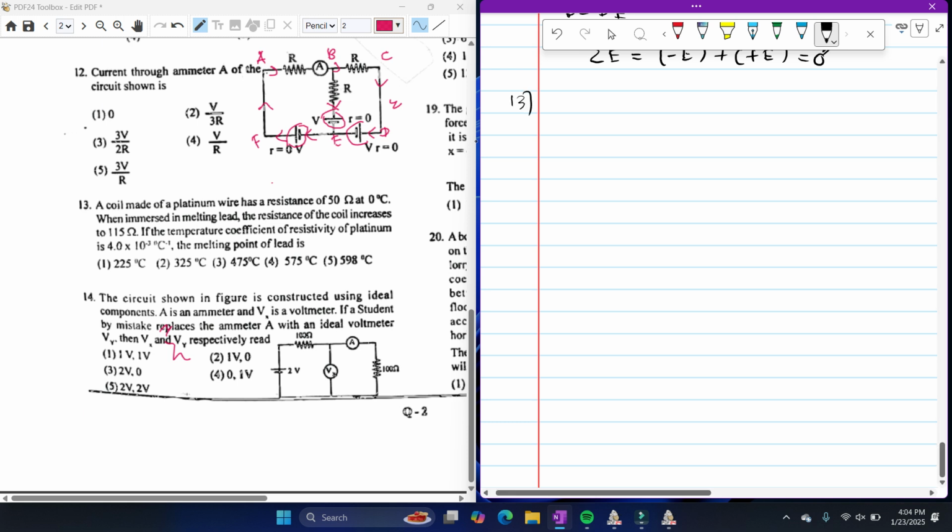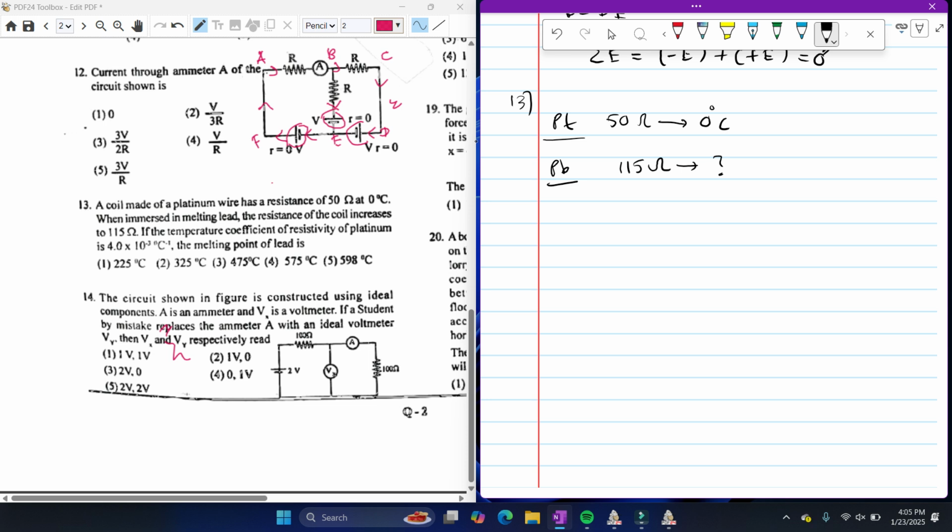Question number 13. Platinum wire has a resistance of 50 ohms at 0 degrees Celsius. When immersed in melting lead, the resistance of the coil increases up to 115 ohms. So the temperature should have increased, because it says when immersed in melting lead.